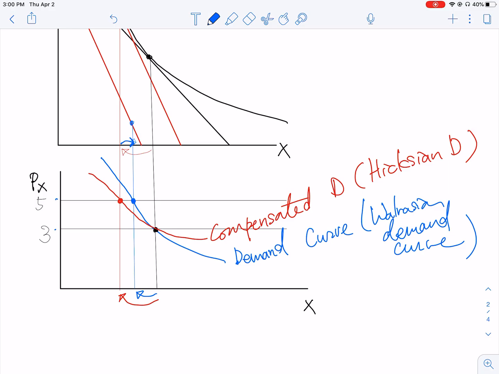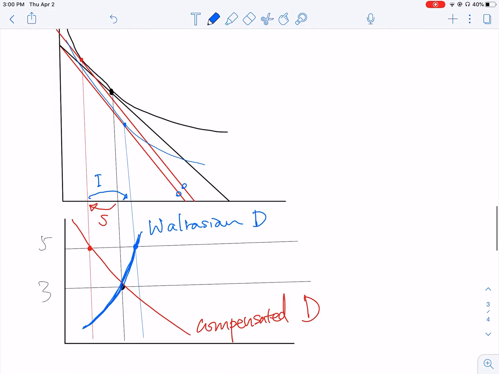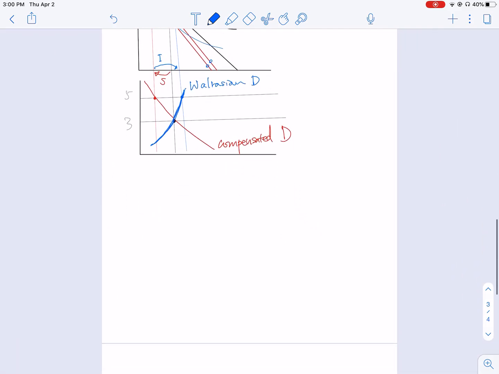That makes sense because the income effect goes against the substitution effect and the effect is small. And if the income effect is going in the opposite direction of the substitution effect and the magnitude is large, then we may end up having the upward sloping demand curve. Okay.